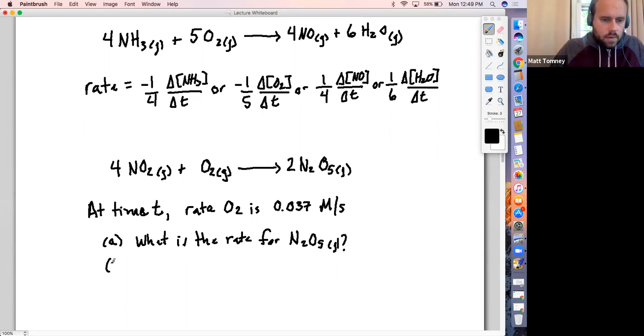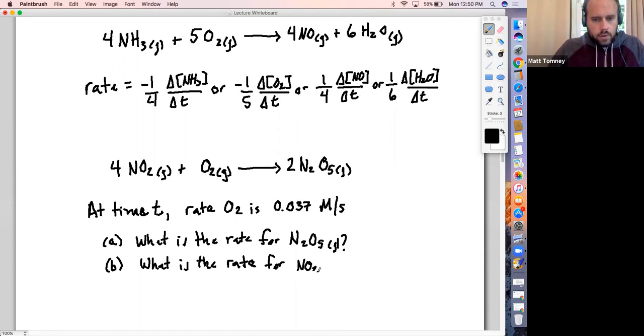And the second thing that we're going to answer, so part B here, is going to be what is the rate for the other reactant here, and how quickly is it disappearing? So what is the rate for the NO2 gas disappearing? Okay.